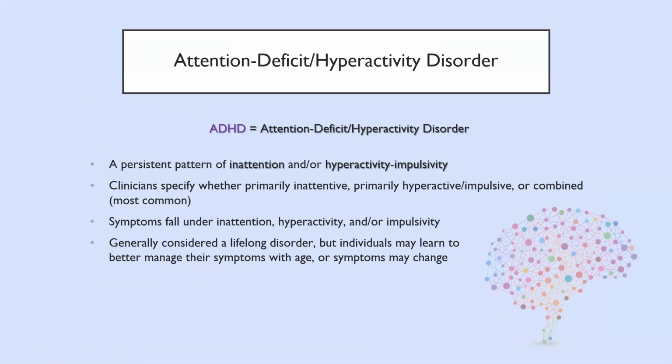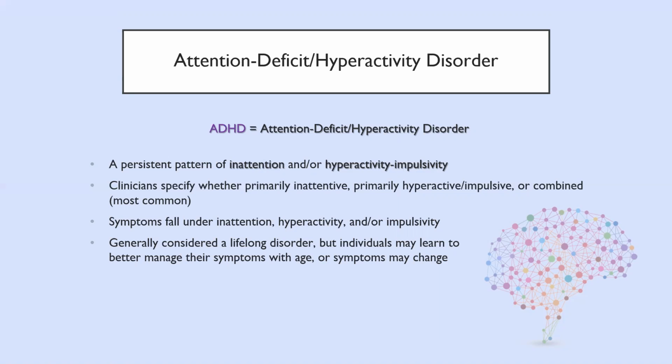Some people might be ADHD inattentive type. Some people might be more hyperactive and impulsive. So instead of being diagnosed with ADD or ADHD, now it all falls under ADHD, and different people have different presentations of the disorder.